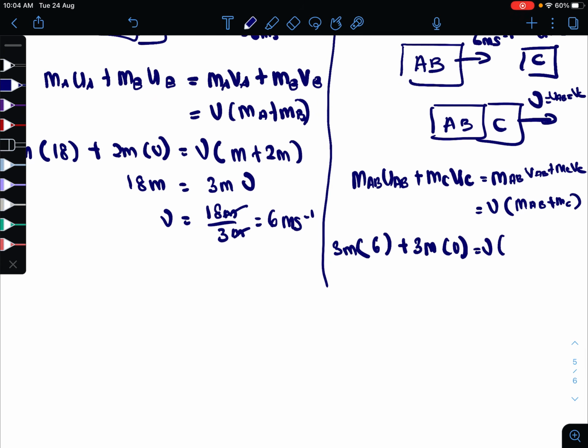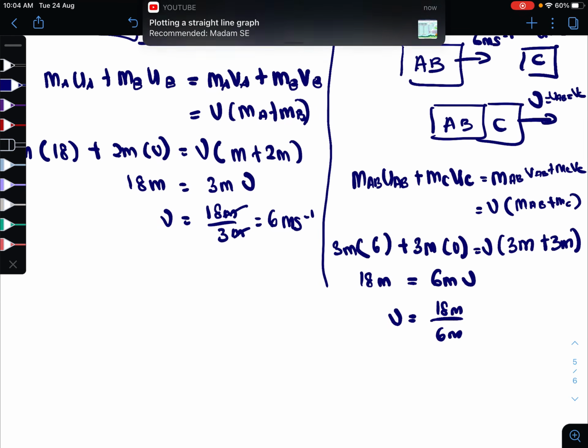After that, we sum the masses of AB and C and end up with 6MV. So 18M plus 0 is equal to 6MV. Taking V, 18M divided by 6M gives 3.